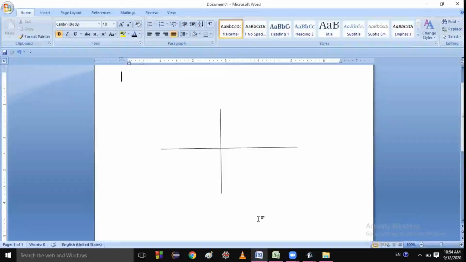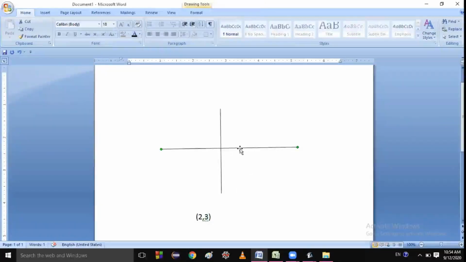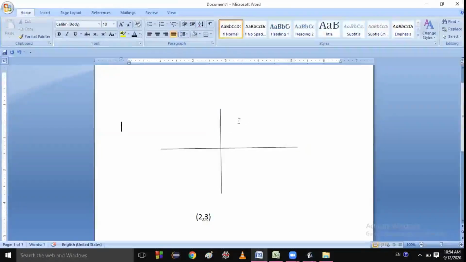And suppose someone gave you 2,3. So it means that the x coordinate is having 2 centimeter and y coordinate is having 3 centimeter. So 1, 2, so 2 will be here and 1, 2 and 3 will be here. So the point will be just here. That means in front of y and in front of x. Right now is it clear?